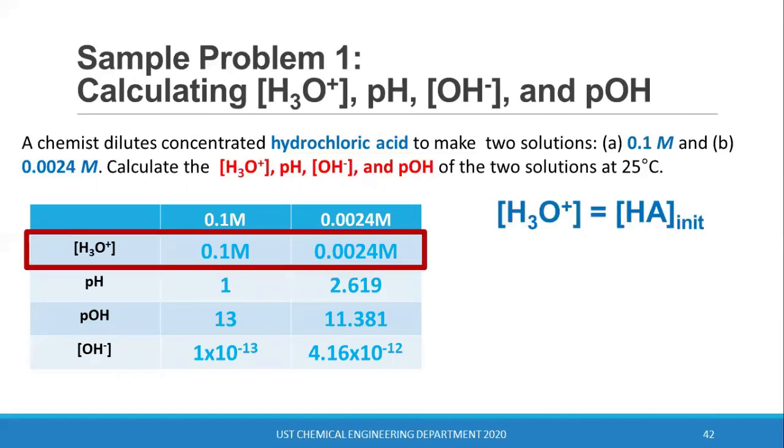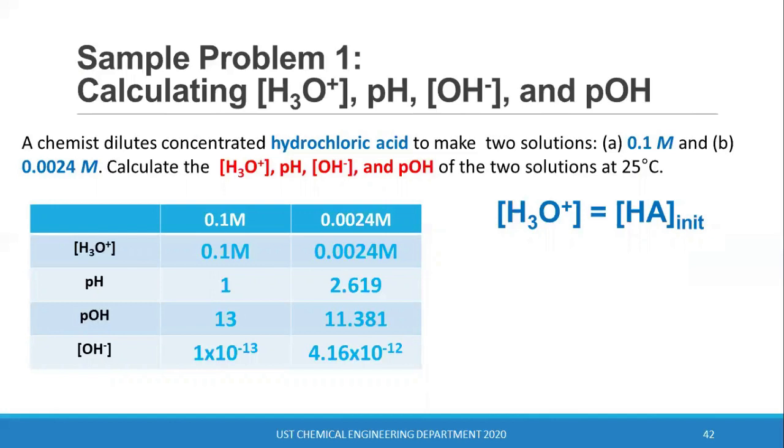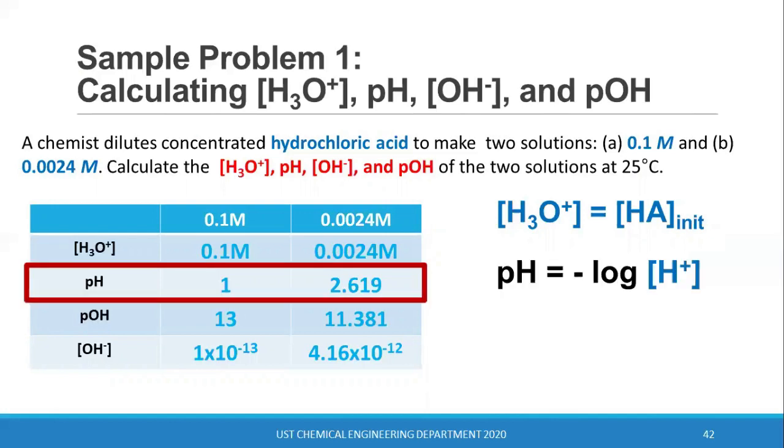Let's recall the steps for strong acids. First is to determine the H plus concentration. Again, for strong acids, it is equal to the initial concentration of acid. Next is to apply the formula of pH. This can be done very quickly using your calculators.